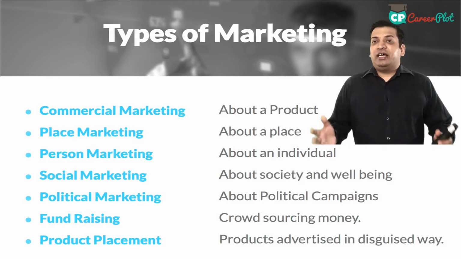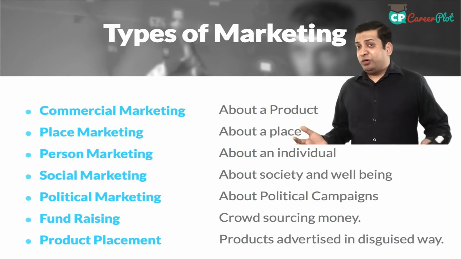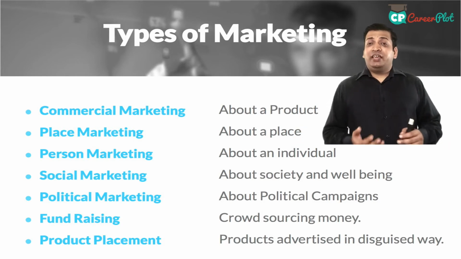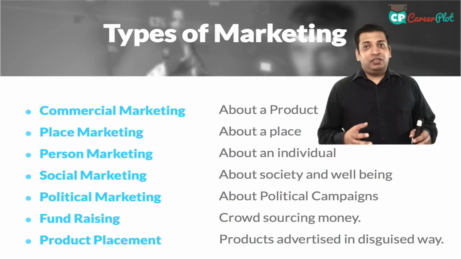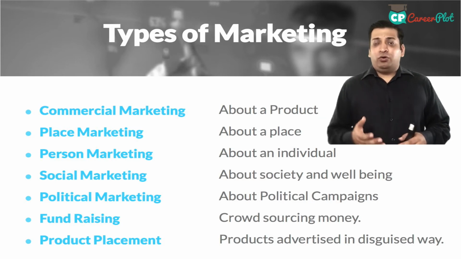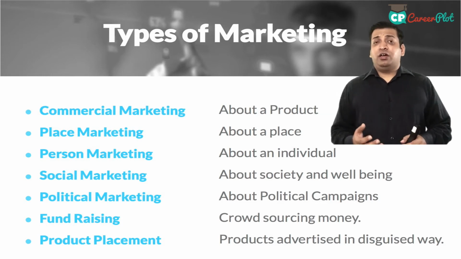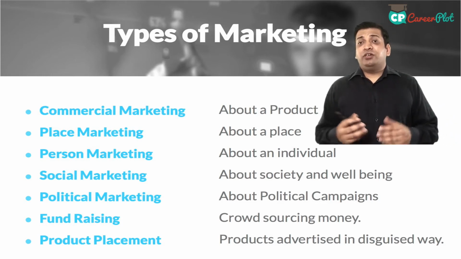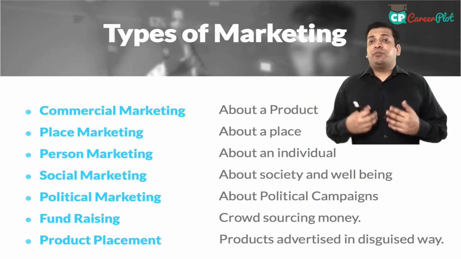You'll see a direct ad on television saying buy Coca-Cola, a person is drinking and talking about Coca-Cola. But in the second case, in product placement, you will see a movie star in a movie having a Coca-Cola bottle in his hand and drinking it without telling you that he's drinking Coca-Cola, right? And that's called product placement.